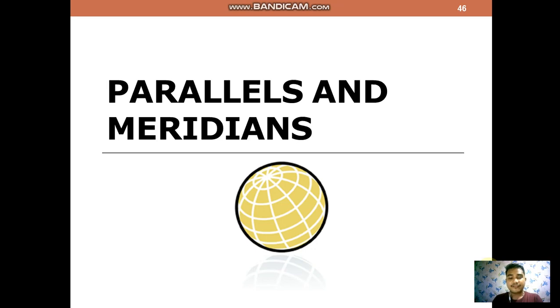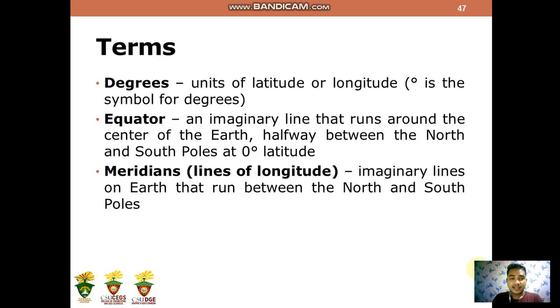Alright, speaking of parallels and meridians, we need to understand these terms. Degrees are the units of latitude and longitude, and this is the symbol for degrees. The equator is an imaginary line that runs around the center of the Earth, halfway between the North and South poles. So the equator is 0 degrees latitude.